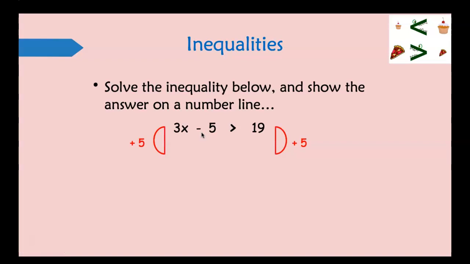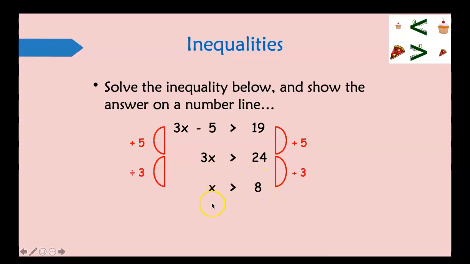When we add 5 to both sides, you will end up with 3x greater than 19 plus 5 is 24. Now we're down to one step. We divide both sides by the coefficient of x, which is 3. So 3 divided by 3 is 1. So you have 1x greater than 24 divided by 3 is an 8.